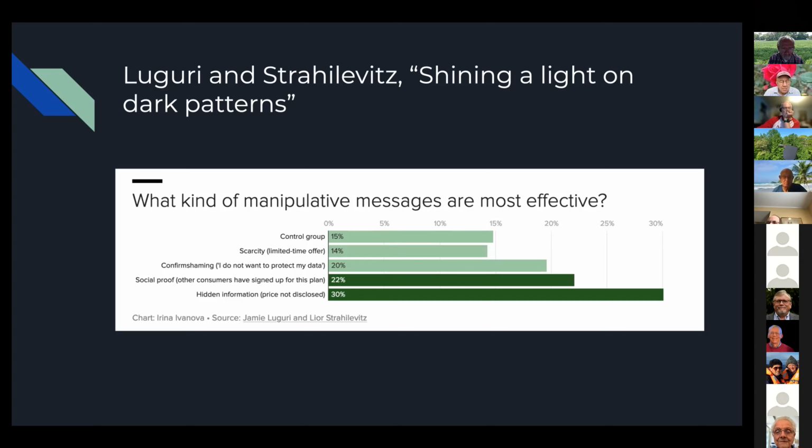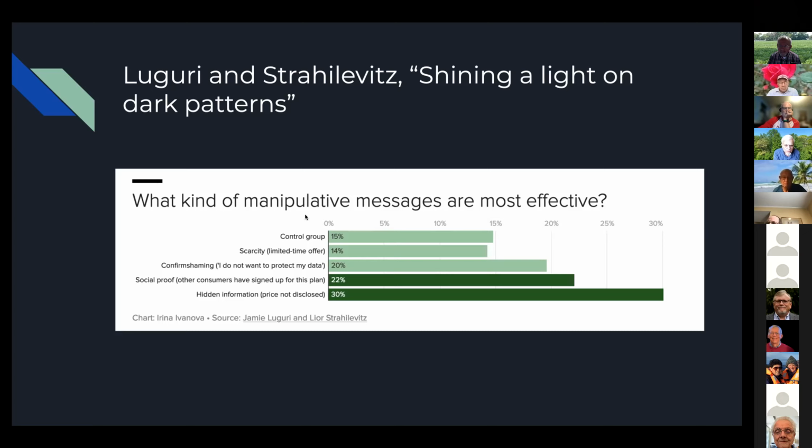There was a confirm shaming dark pattern where in order to opt out, they had to click on a box that said, I do not want to protect my data. There was another one that said how many others had signed up for this plan. And there was another one that had some hidden information where the price of the plan was not disclosed, but you had to click on terms and conditions to see it.